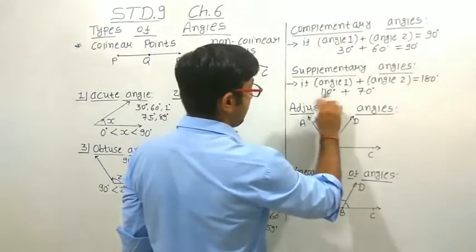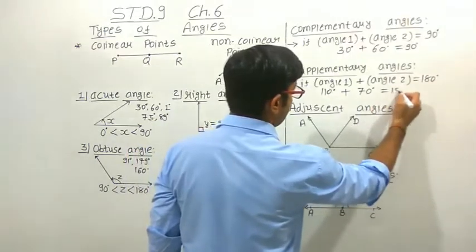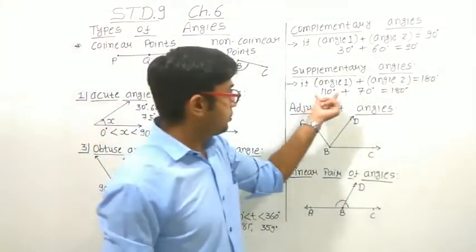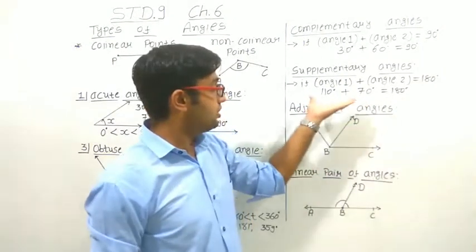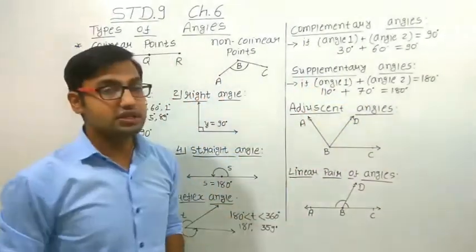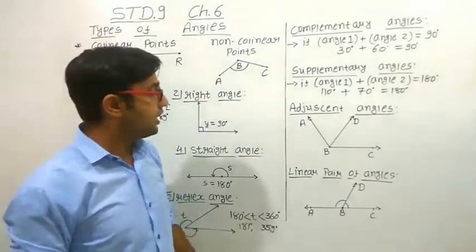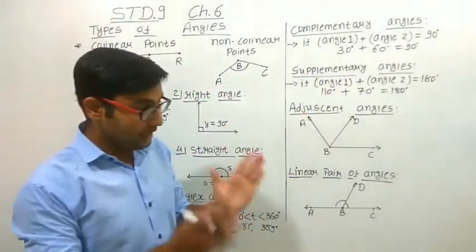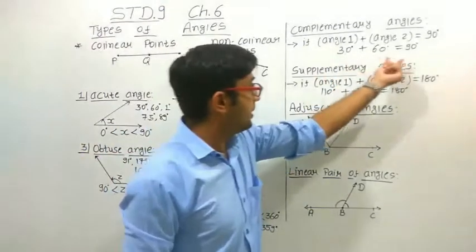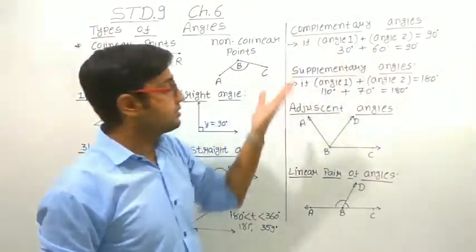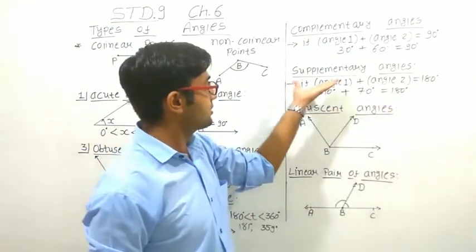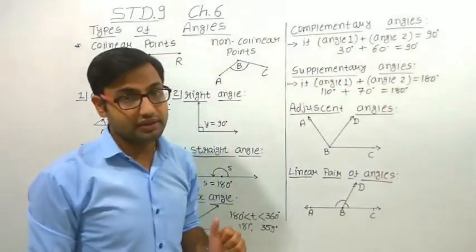Then what is the total of 110 and 70 degrees? 180 degrees. So 110 and 70 are making a pair of supplementary angles. Do not confuse complementary angles and supplementary angles. Be clear: if the addition is 90 degrees, they are called complementary angles. If the addition is 180 degrees, the angles are called supplementary angles.